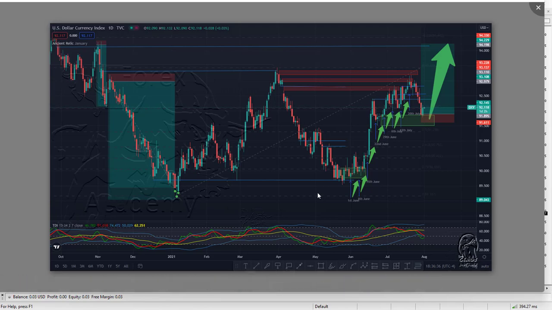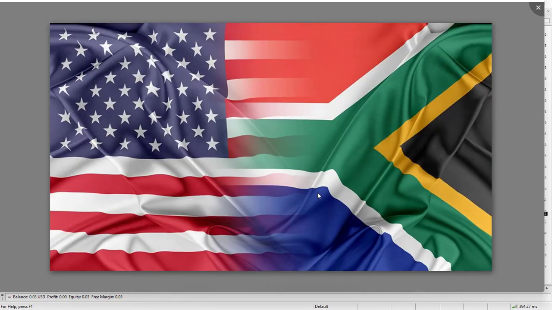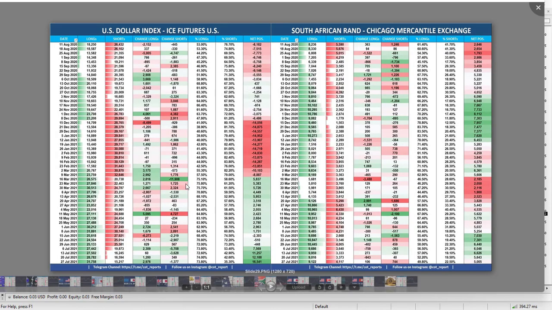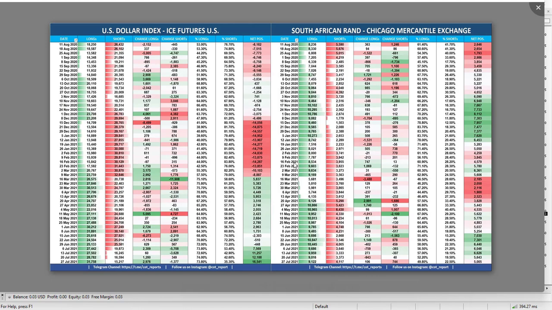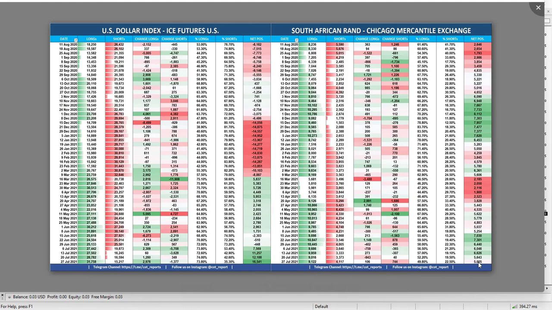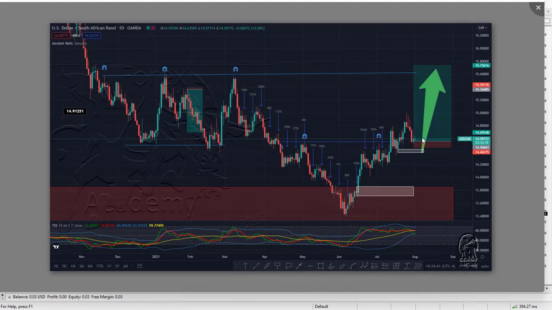And then I guess we're having USD rand, and the rand is stronger, it's getting stronger. And then since it's been driven by the dollar index, this is what I'm expecting.